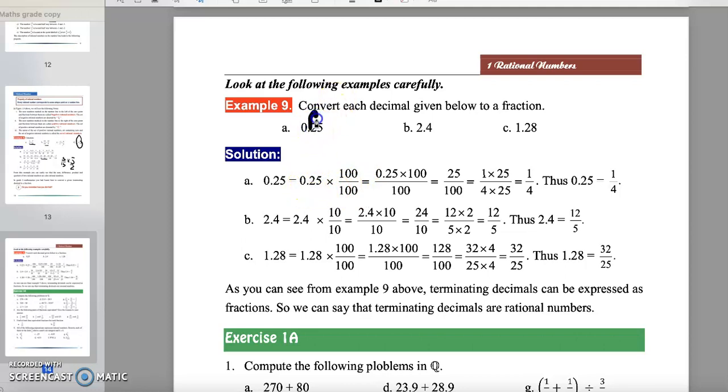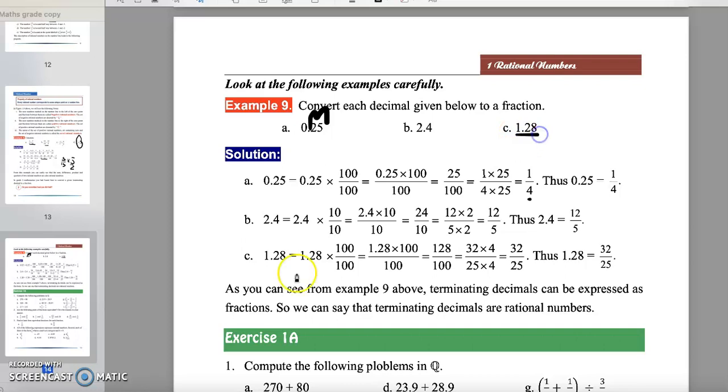We multiply by 100 in both the numerator and the denominator, so it's going to be 25 over 100. As we simplify, we can divide both 25 and 100 by 25. So 25 divided by 25 is 1, and 100 divided by 25 is 4. So it's 1 over 4. This is how we change it.